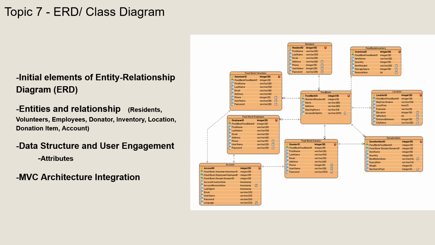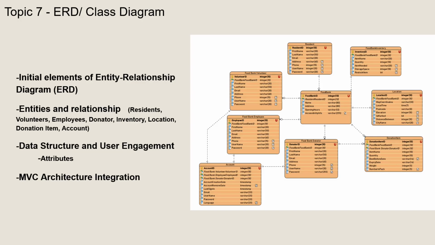Now I'm going to talk about the relationships. We have identified 11 interacting relationships between those entities. I will go through relationships like resident to food bank: a food bank can serve many residents.